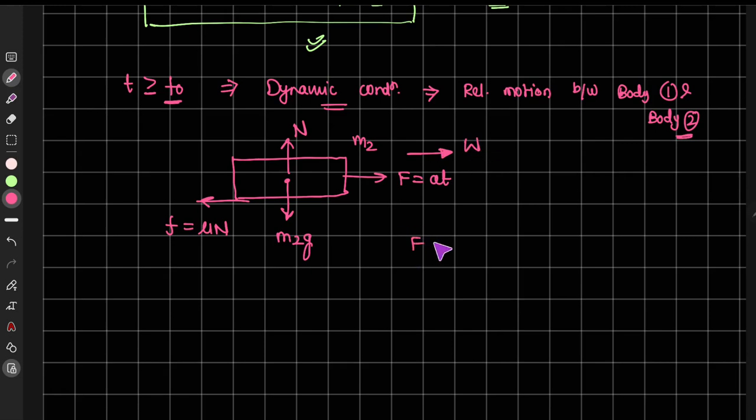So we can write force minus friction force is equal to m2 into w2, and then the force we can write as AT minus mu into m2 into g is equal to m2 into w2. Let us say this is our first equation.